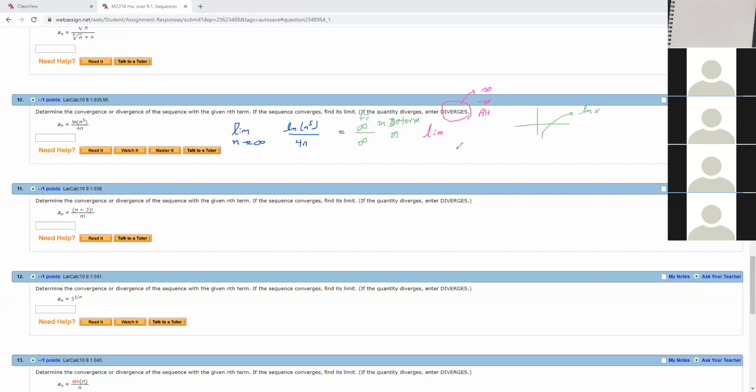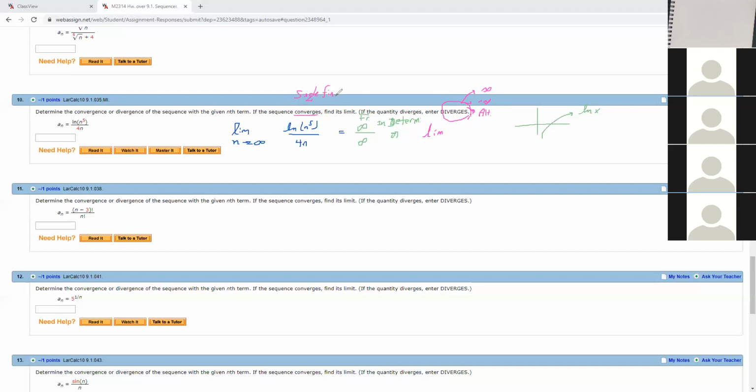It would be nice if they would ask us, so then we could keep being reminded that diverges means one of these three. And converges means a single finite number.